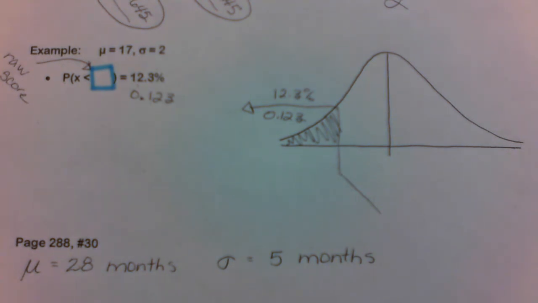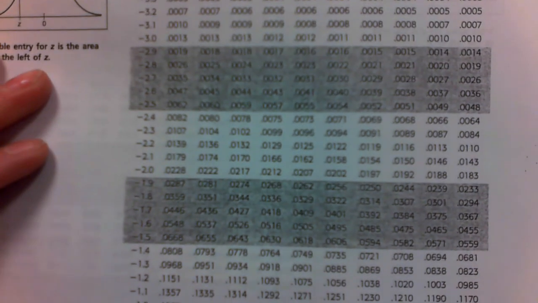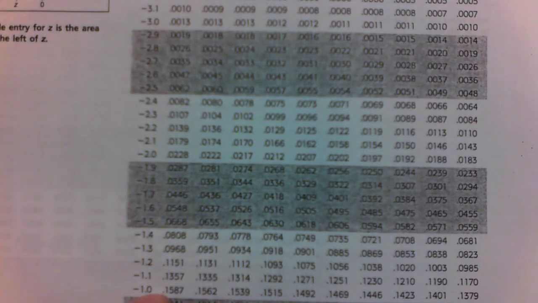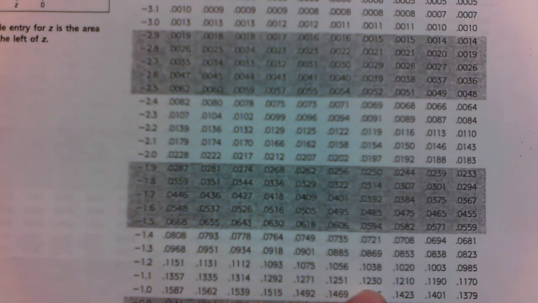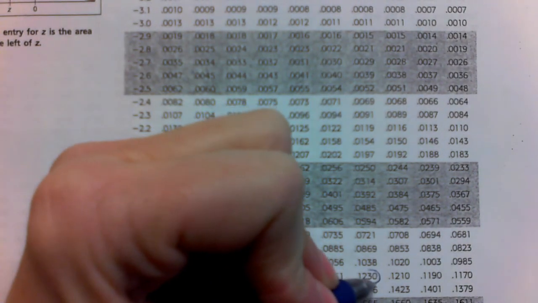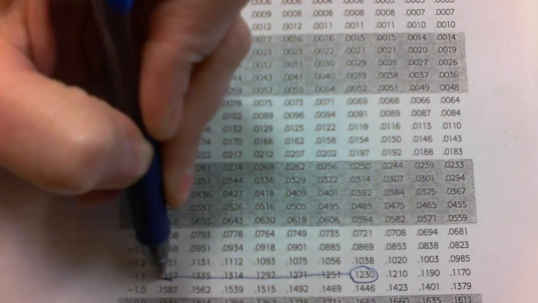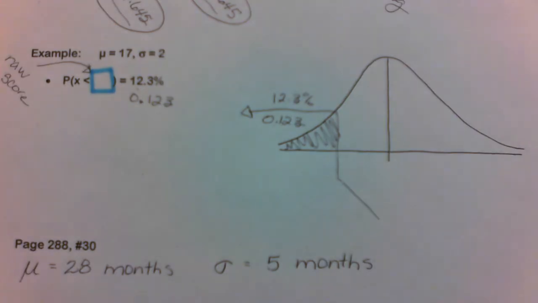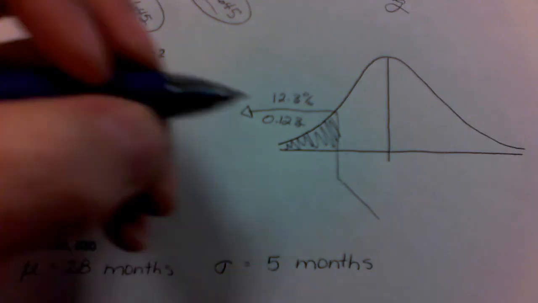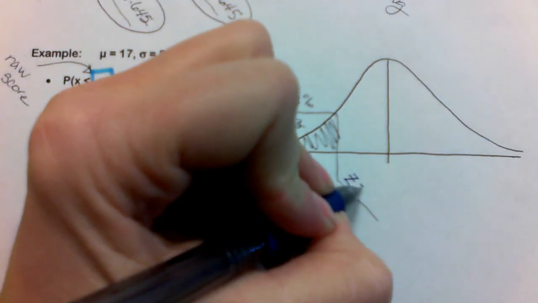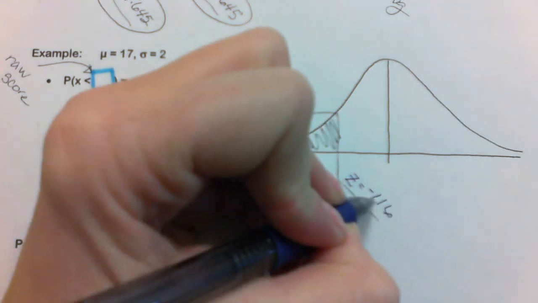All right, so on the negative z-table, I'm looking for 0.123. And lo and behold, yay, it is so nice when that exact number is on the table. So my z value is negative 1.16. So we have found z to be negative 1.16.